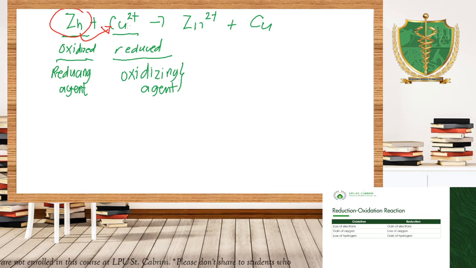Nilose ni zinc para makuha ni copper. Siya yung nag-gain. Siya yung nag-oxidize dito so that this element will be reduced, so that this element will gain electrons. In other words, when we say oxidizing agent, that is the electron acceptor.